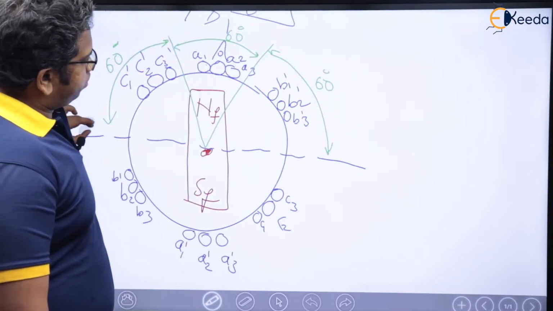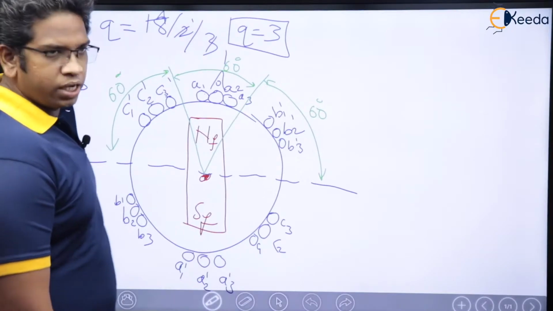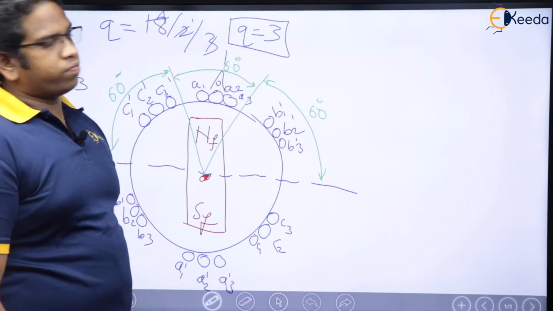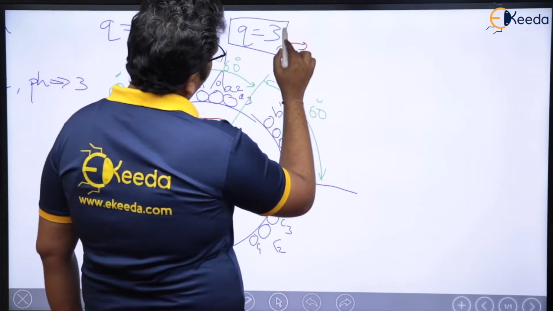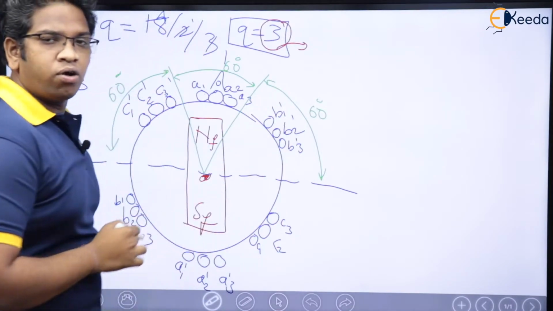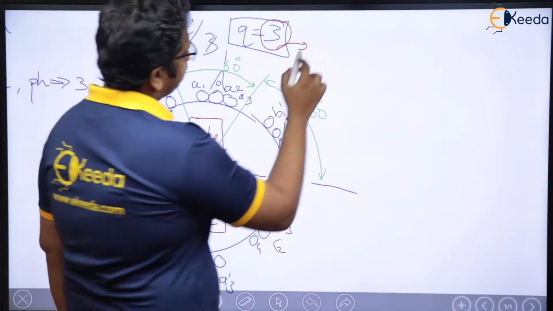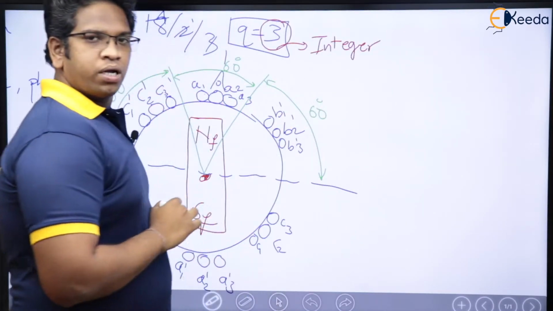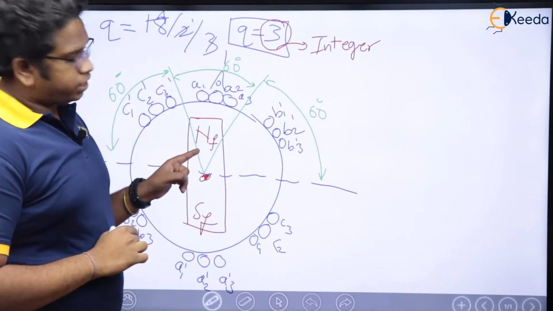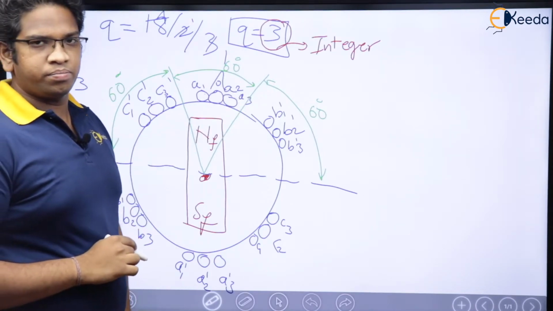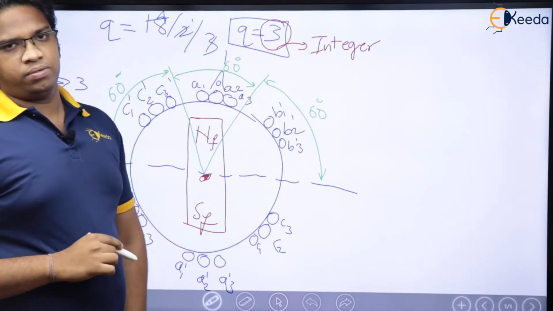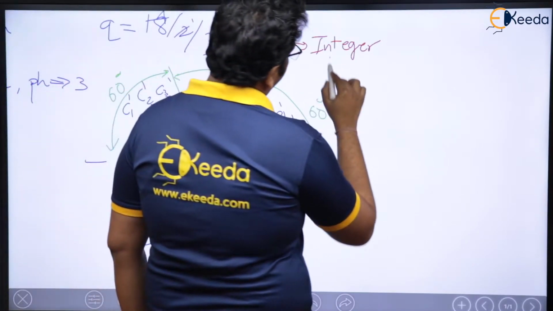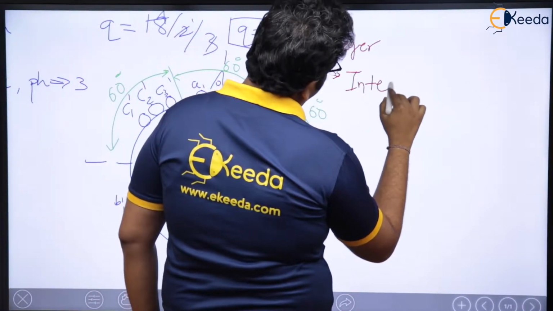See here, this Q equal to 3. What does that indicate? Is it an integer or a fraction? It is an integer. So whenever Q is an integer, we have to perform integral slotting.